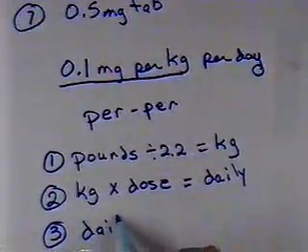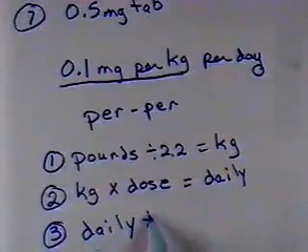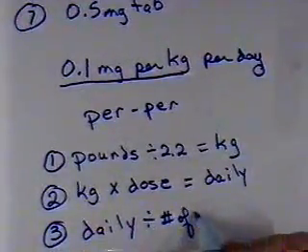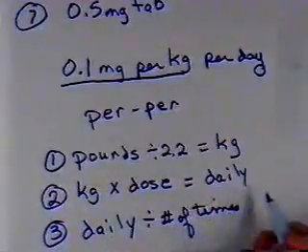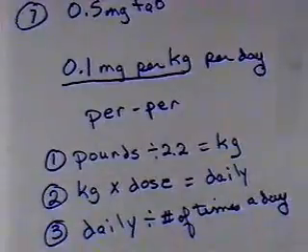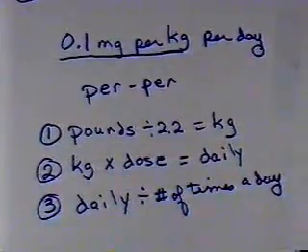You take the daily amount and divide by the number of times a day. We have to do these 3 steps before we ever know what the dosage is.